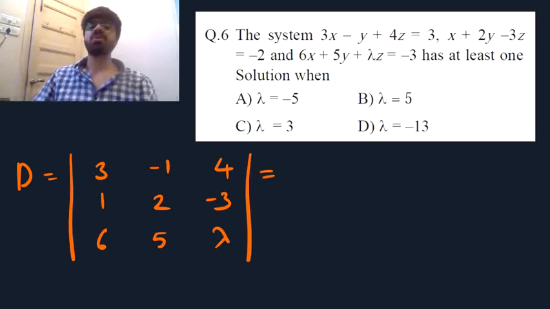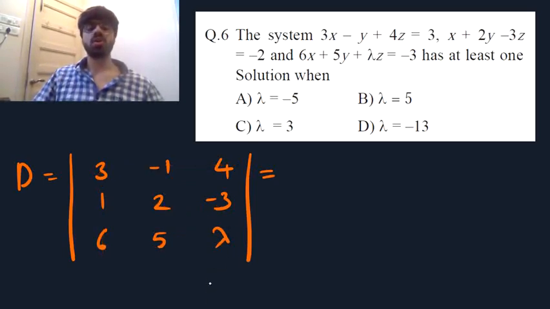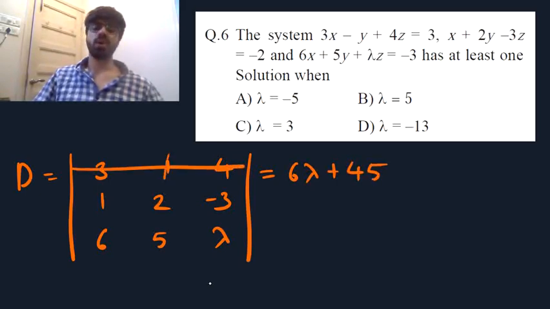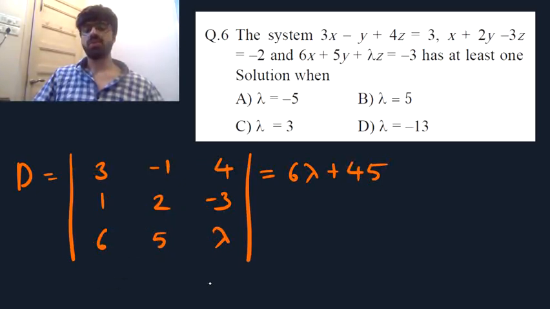Let's expand the determinant first. So we will have 3 into 2 lambda plus 15. So that will be 6 lambda plus 45, minus of minus 1 into lambda plus 18. So that will be simply plus lambda plus 18.